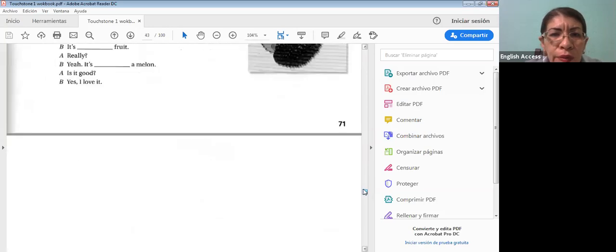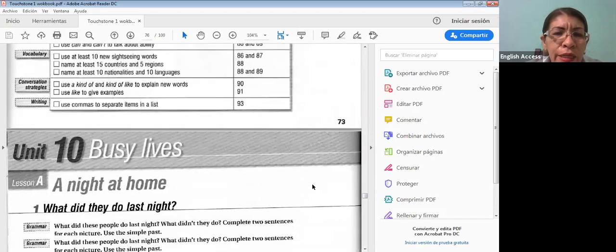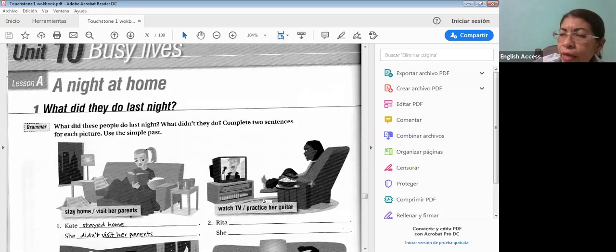So we're in unit 10, lesson 8. It's called Busy Lives. We were using the simple past of regular verbs. That was yesterday's class.